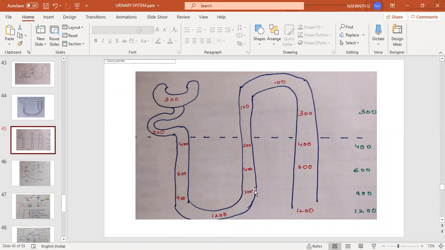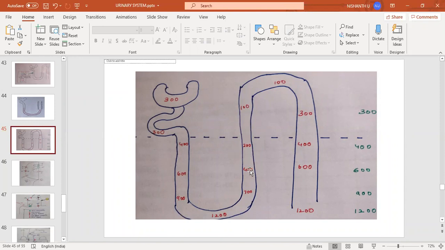So water is retained in the tube and solute moves out. Again the osmolarity of this fluid reaches 400, and finally so much solute is reabsorbed that it becomes 200 in the thin ascending loop of Henle. From here the thick ascending loop of Henle will start.